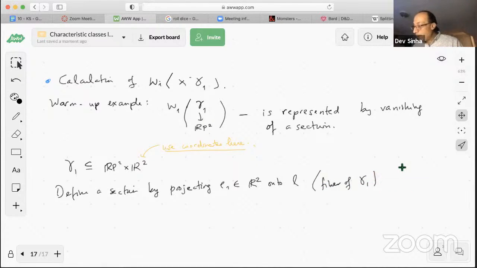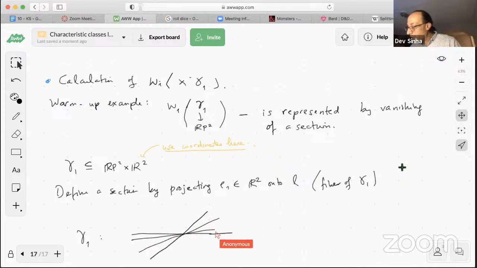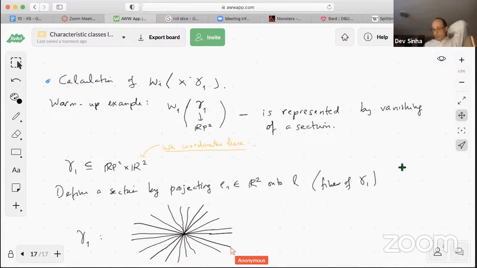So let me just draw this picture. One way to think about gamma 1 is, it's the total space of the collection of lines through the origin. So it looks like that. Of course, as a space, you have to blow up the middle, but this is part of how we looked at gamma 1 for various definitions.